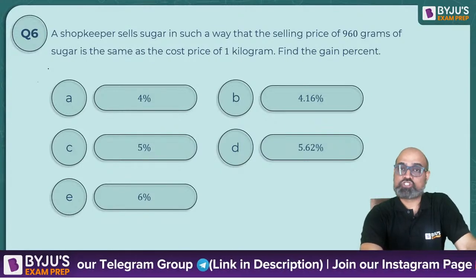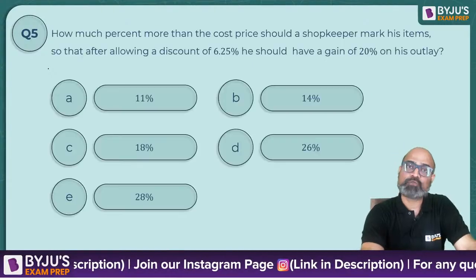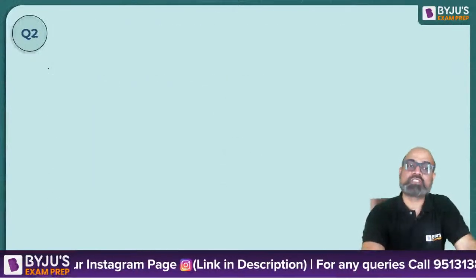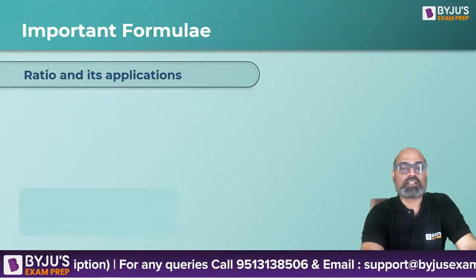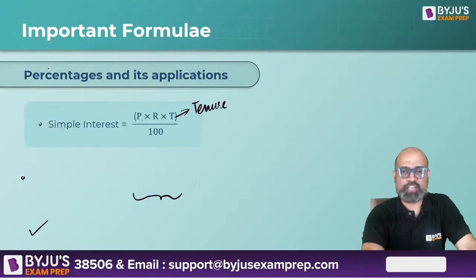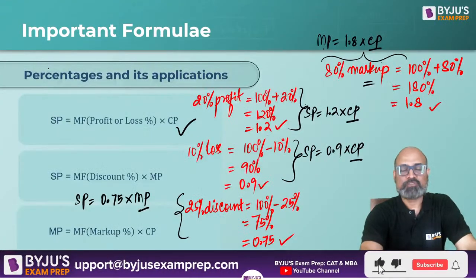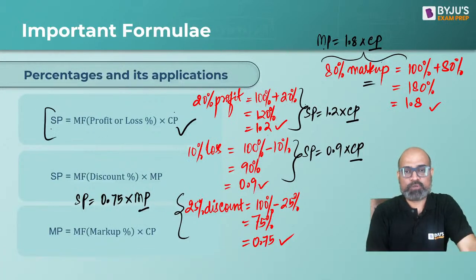Okay, so let's see which option is the correct one. For that, I'll go back to the first slide in case you guys came to the class late. We did a few things, out of which one was a very important one, the multiplying factors. Look at this particular formula.